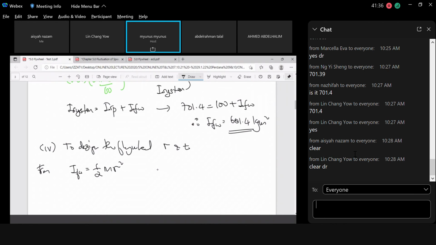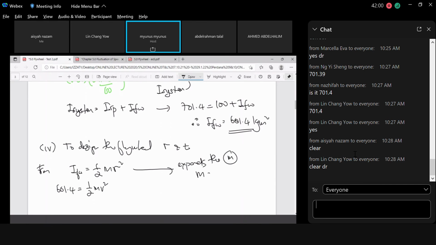We know well that this I flywheel belongs to this one. You put in the numbers here, 601.4 is equal to half mr square. And we expand the parameter m, only the parameter for m. How is it? It's not very difficult, isn't it?